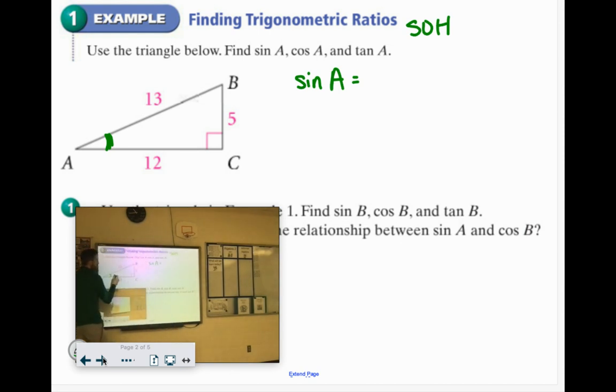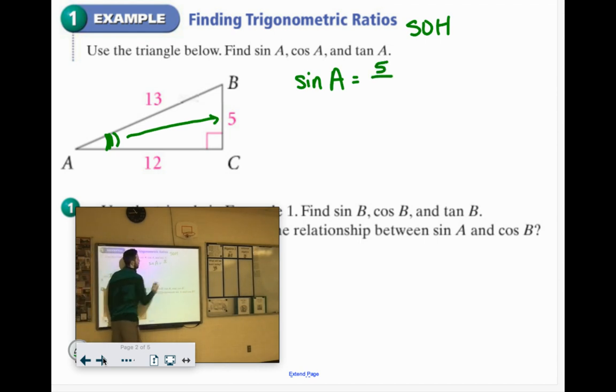The opposite side is the only side that's not touching this angle. So in our case, that's going to be 5 over the hypotenuse, which is the side across from the right angle. So it'd be 5 over 13. Double check, see if you can simplify that at all, which you cannot. So that's it.